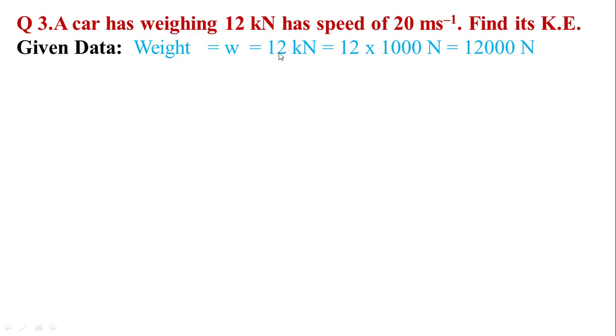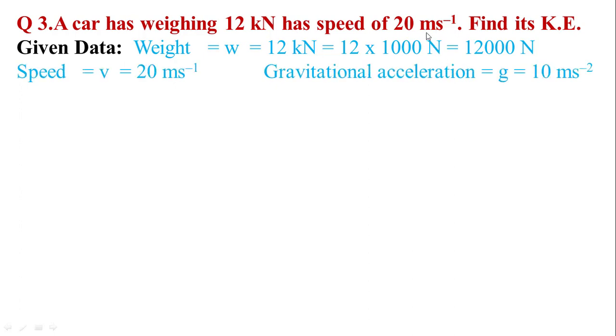Convert into Newton, so kilo is equal to 1000. 20 multiplied by 1000 is equal to 20,000 Newton. And speed is equal to 20 meters per second. Now the gravitational acceleration g is constant and its value is 10 meters per second square.